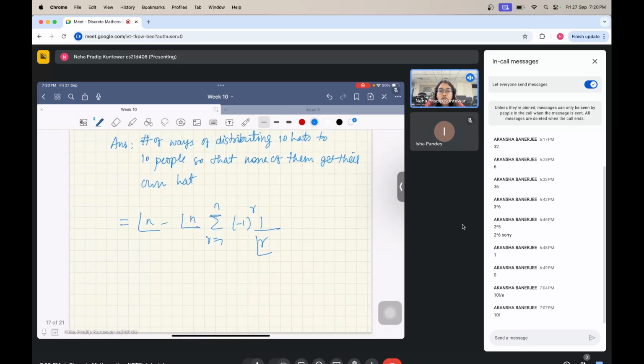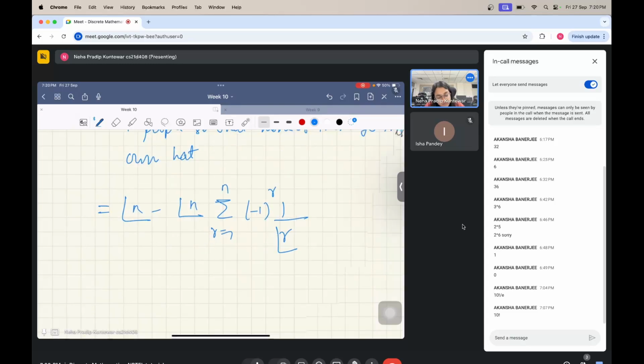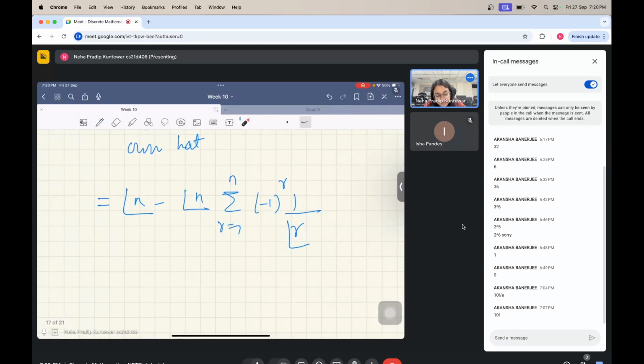And what I'll do is I'll push this term inside this summation. So I'll write this as follows. I'll write this as n factorial times summation of r is from 0 to n, minus 1 to the r, 1 over r factorial.